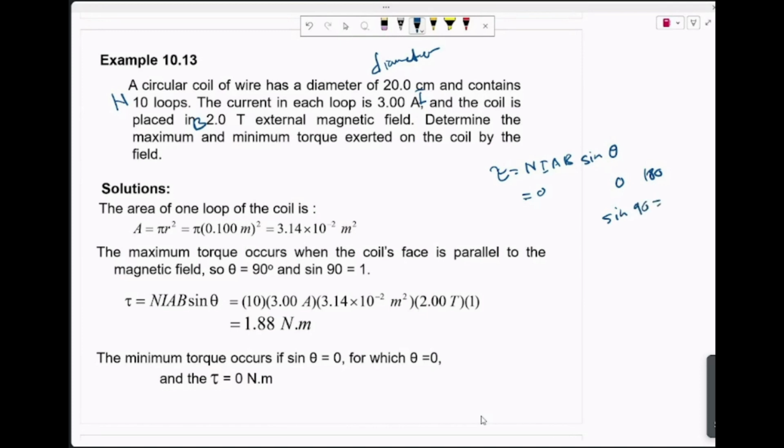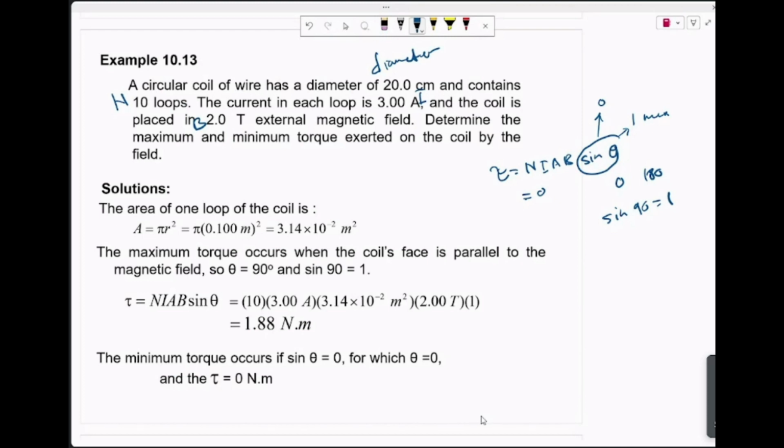This is when sine theta equals 1. So the maximum is when this value is 1, and the minimum is when sine theta equals 0. So the minimum, you can get the answer right away.